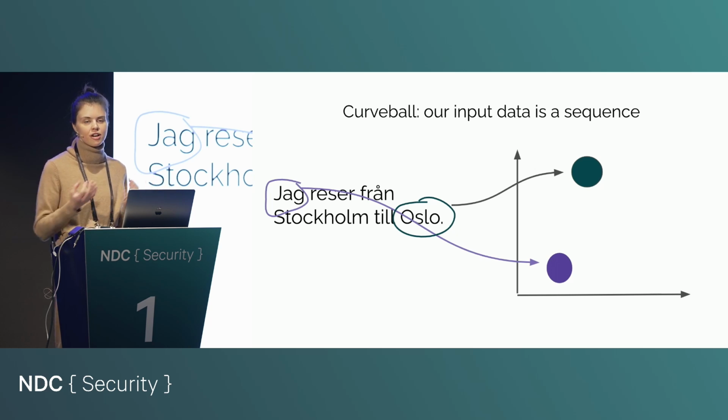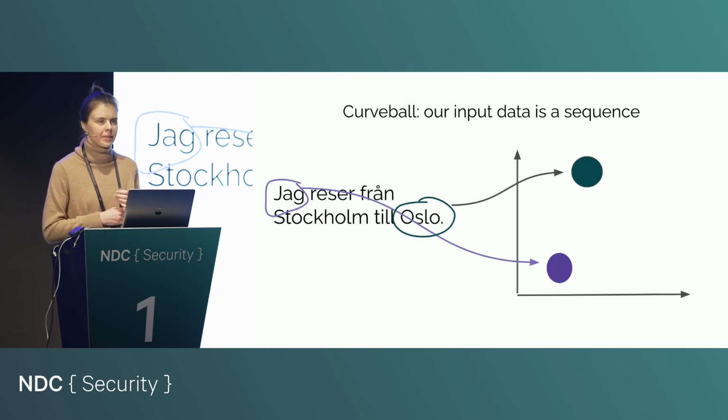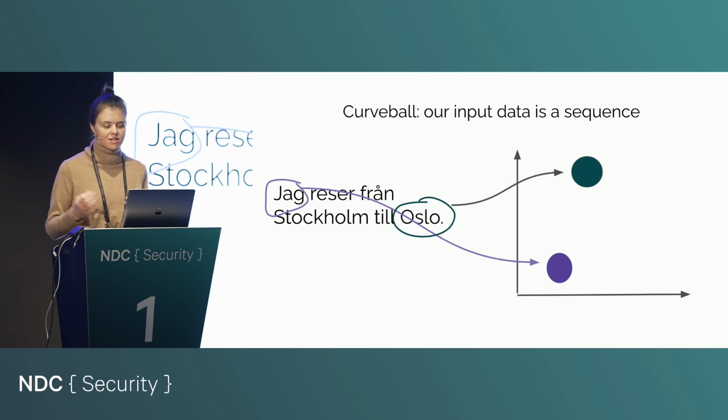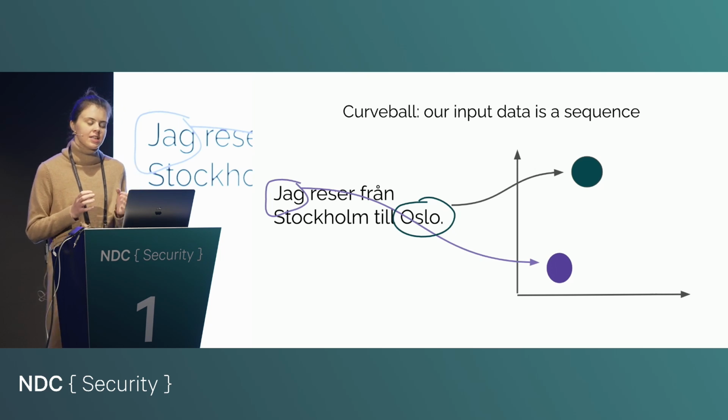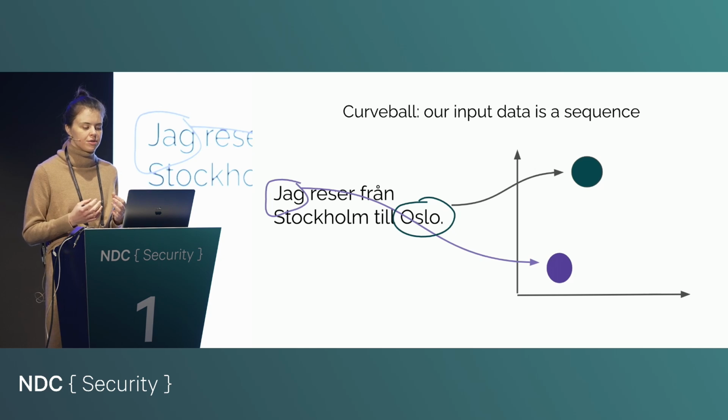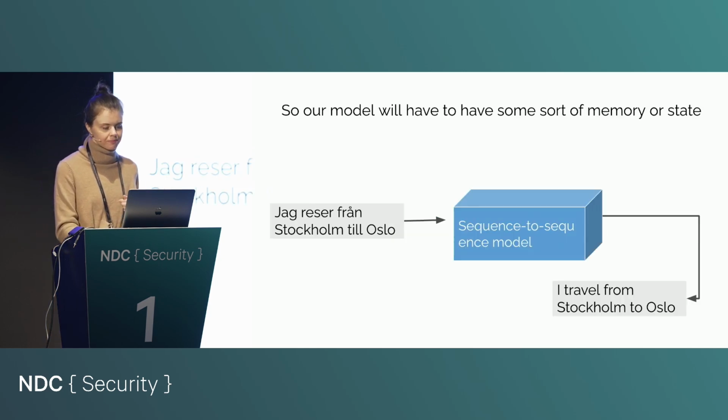If you take Stockholm out of context, then it doesn't really mean anything. You have to have it in that position in the sentence. So that's a curveball when it comes to building language models: language is a sequential kind of data structure, and you really have to have the context. You can't just examine words on their own and try to model that. You have to examine the sequence as a whole.